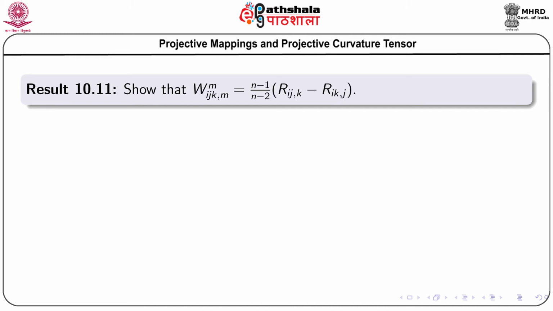Now, for the next result, we see that W^m_ijk,m equals n minus 1 by n minus 2 [R_ij,k minus R_ik,j].